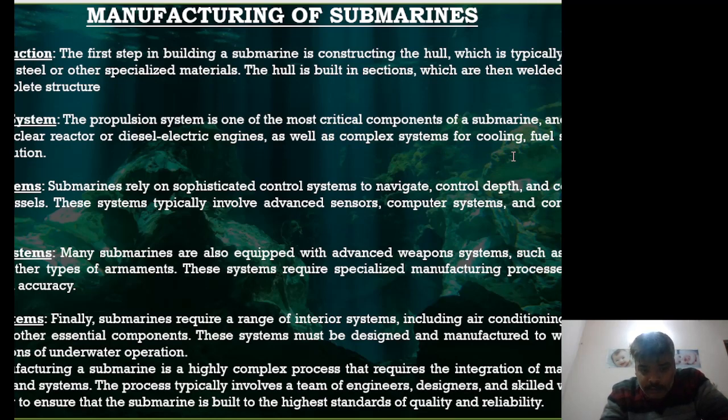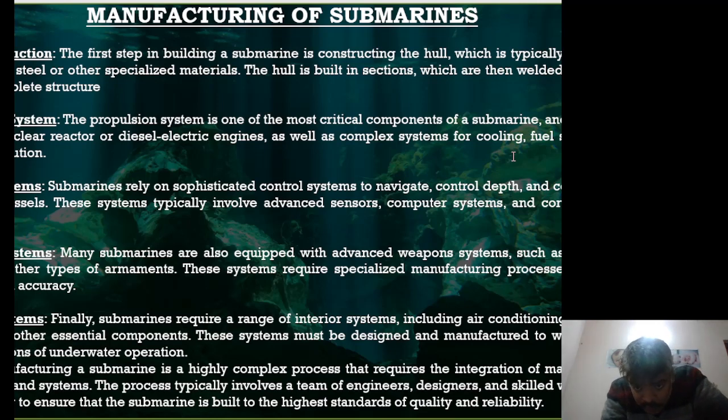Control system. Submarines rely on sophisticated control systems to navigate, control depth, and communicate with other vessels. These systems typically involve advanced sensors, computer systems, and communication networks. Weapon system. Many submarines are also equipped with advanced weapon systems such as torpedoes, missiles, or other types of armament.